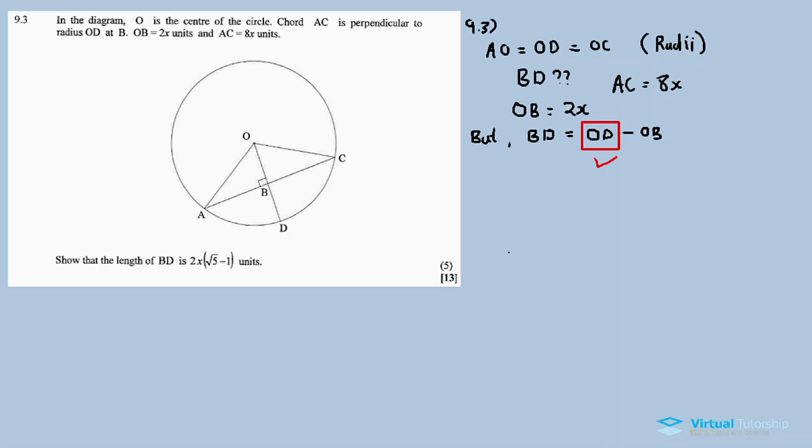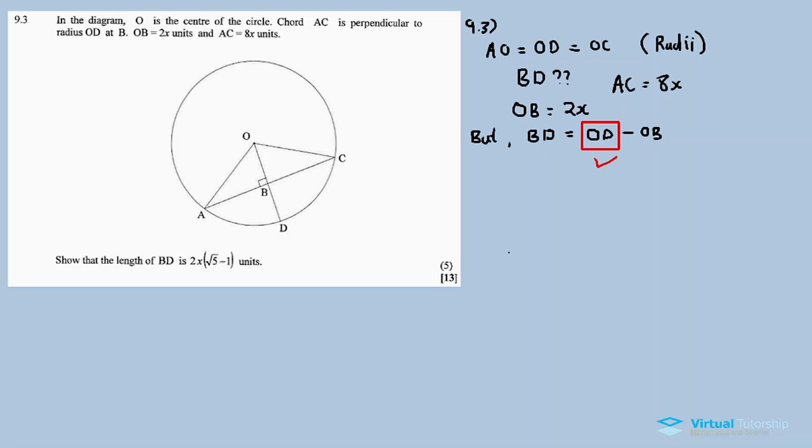So I need this OD to find BD. So we can start off by calculating our OD, right? Okay, but first, since we have theorem 1, we have a line which bisects our chord, right?